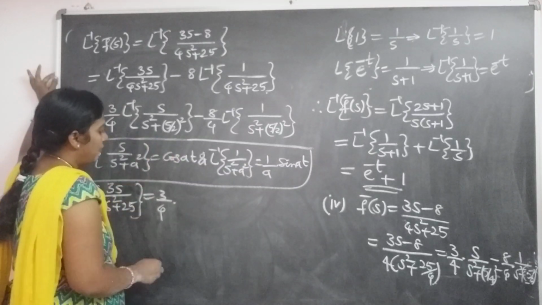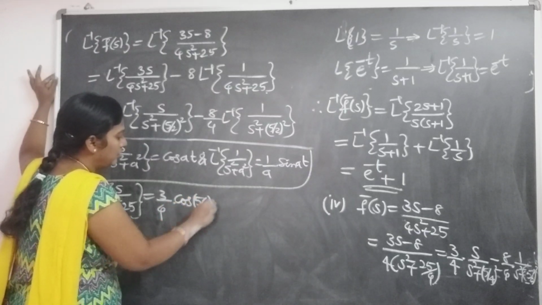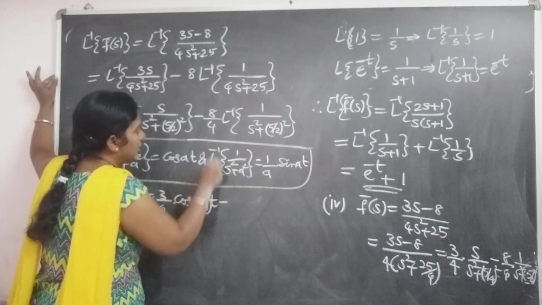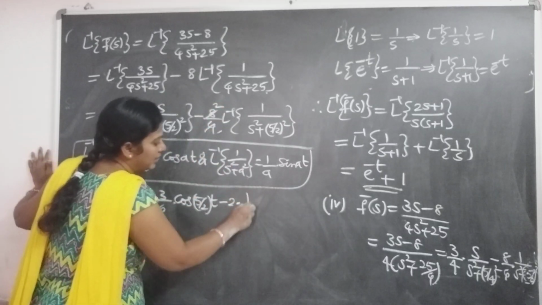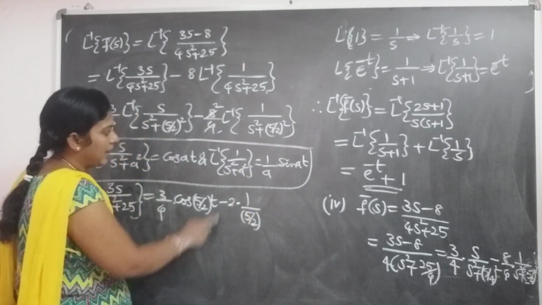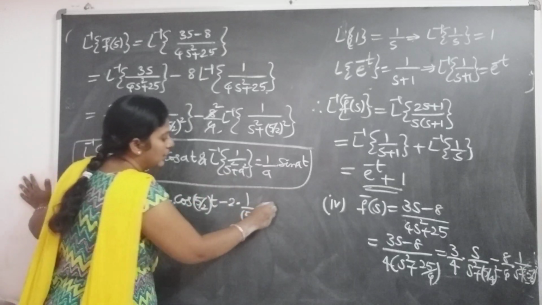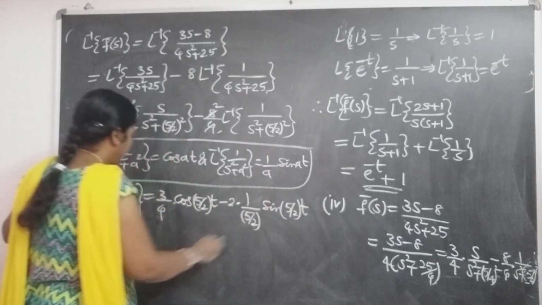In the place of a, 5 by 2 is there: cos 5 by 2 into t, minus 8 by 4, that is 2, into 1 by a, that is 1 by 5 by 2. A is 5 by 2, sin 5 by 2 into t.